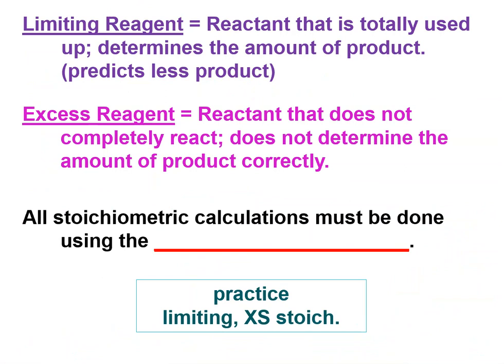So here are some definitions. I want you to note that the word reagent means reactant. And so a limiting reagent will always be one of the reactants that is there before the arrow. Sometimes that's confusing because we determine which one is limiting based on how much product there is, but it's always referring to a reactant.